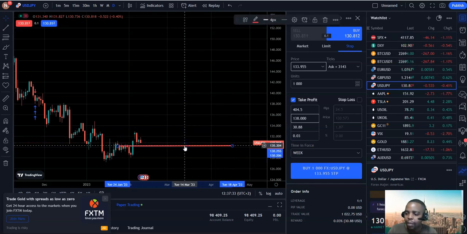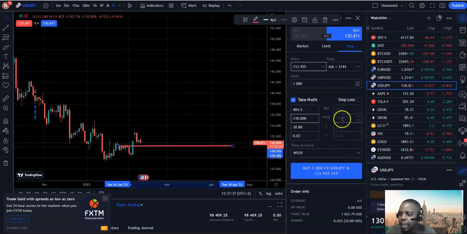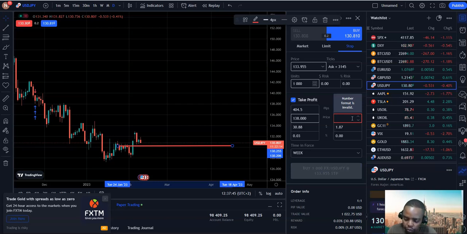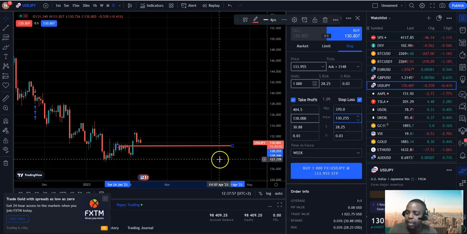At least I want to be able to save myself, so I'm going to say 130.255. That's where I'm going to stop loss if anything goes badly on this trade.